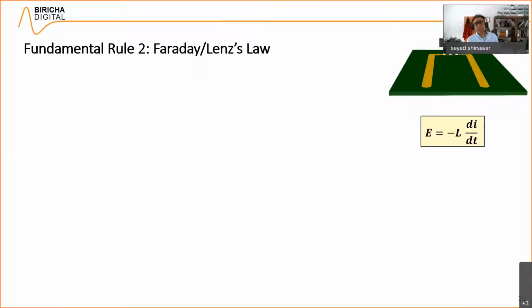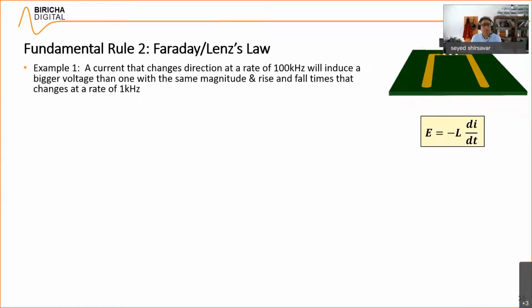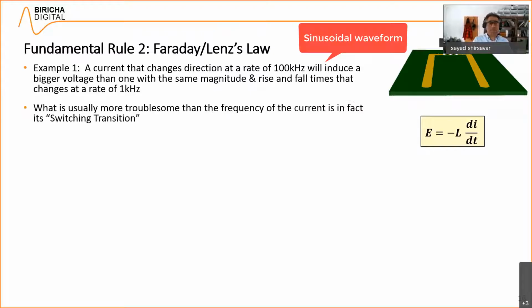So let's have a look at the self-inductance first. Example 1. Let's say we have a current that changes direction at a rate of 100 kilohertz, and that current will induce a bigger voltage in its own conductor compared to the same current with the same magnitude, rise and fall times, of a 1 kilohertz AC current.